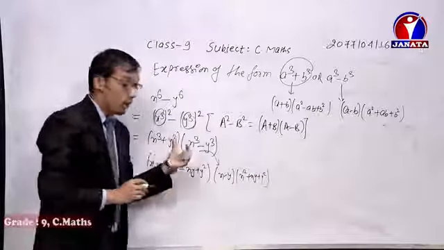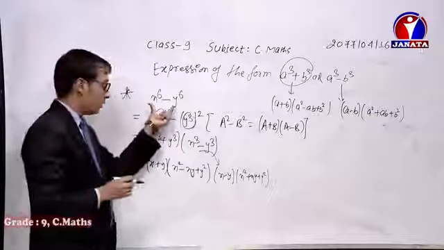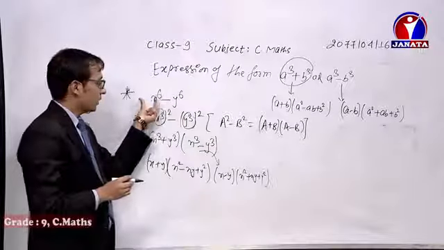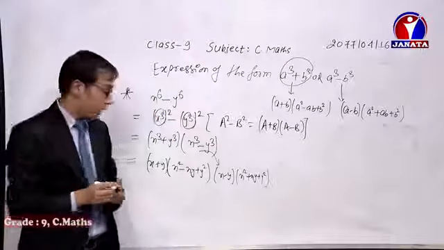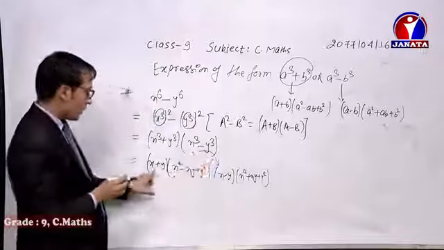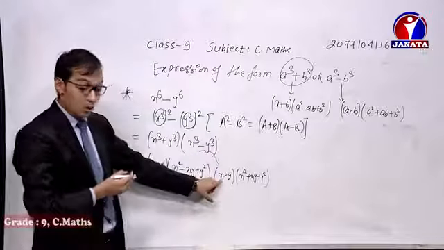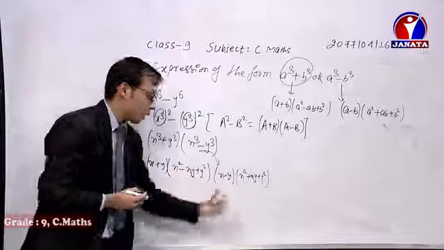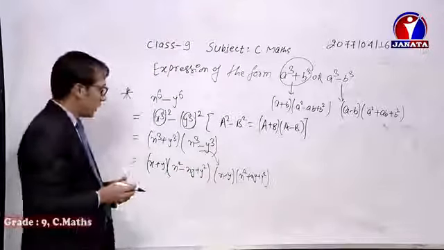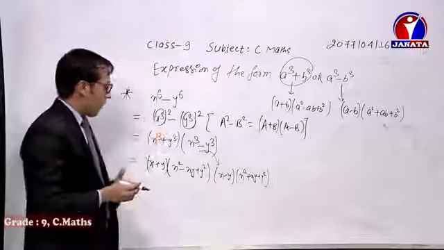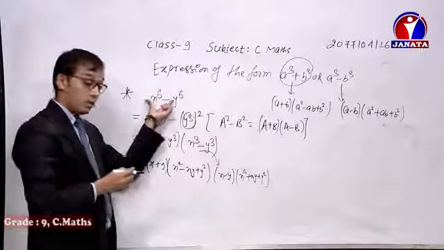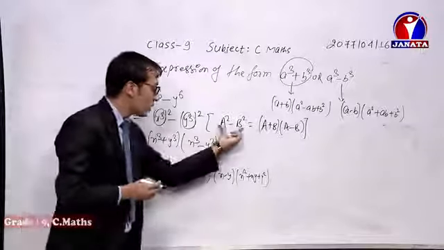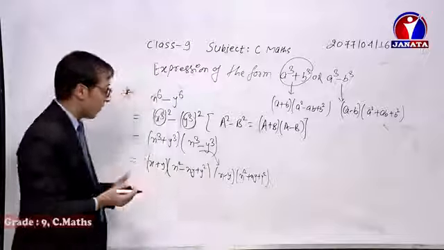So this is the way how we factorize x to the power 6 minus y to the power 6. Now we can arrange this x plus y, then x minus y, and we can write these two factors. Here simply we try to convert into a square minus b square form and then we factorize.